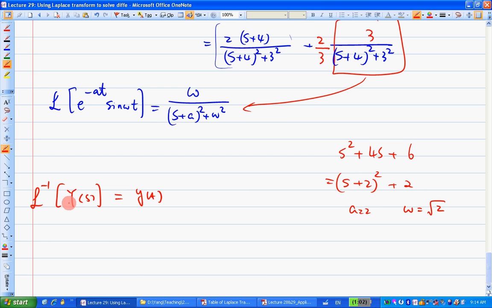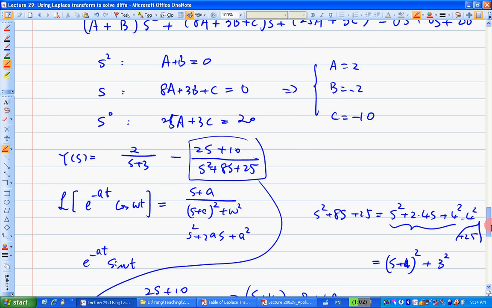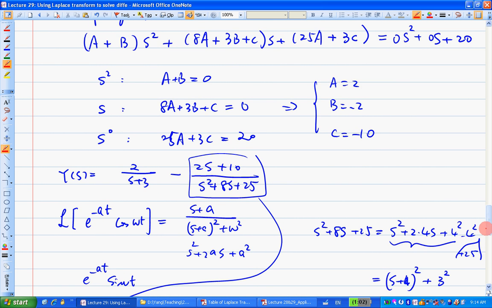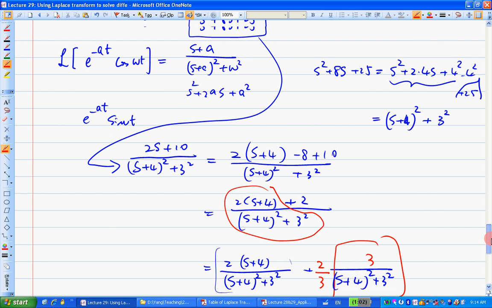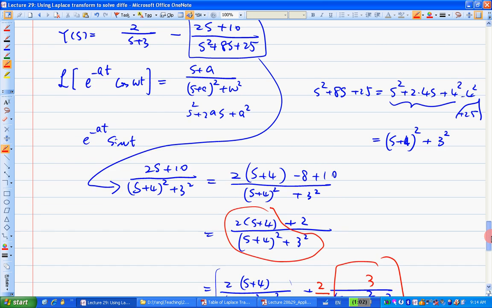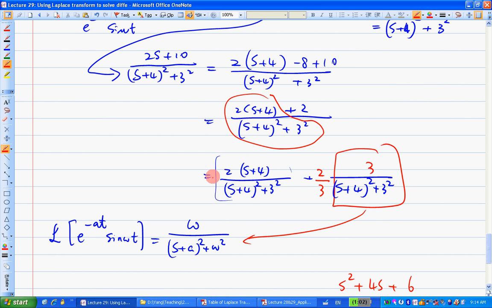So what is the inverse Laplace of this here? It's the inverse Laplace of everything in the bracket. It's 2 over s, so 2 over s plus 3, minus this guy and this guy. Right?